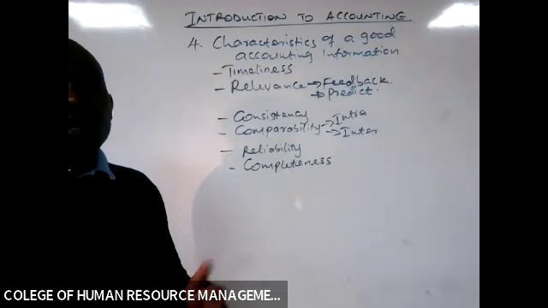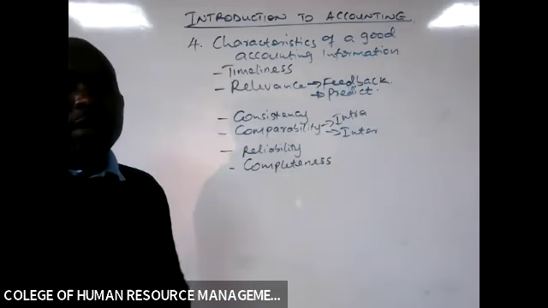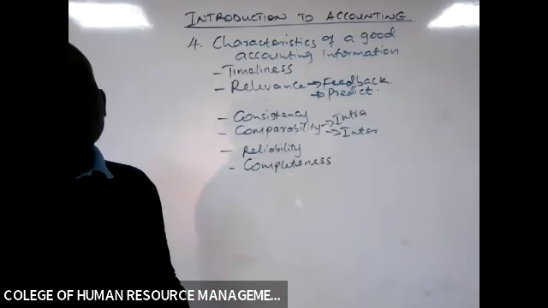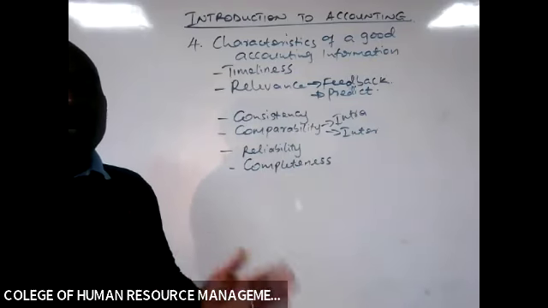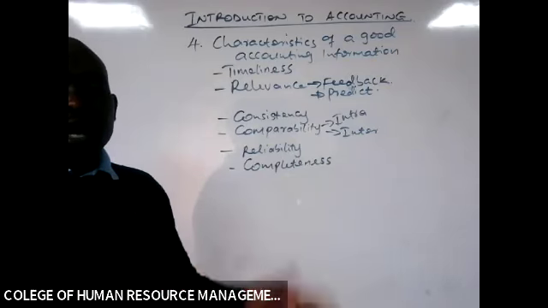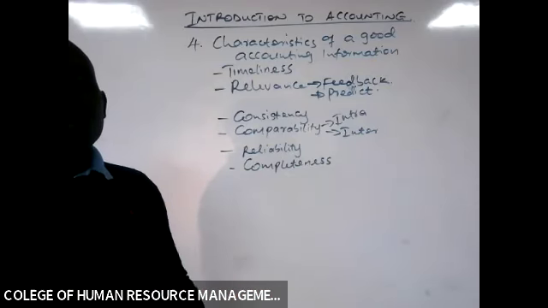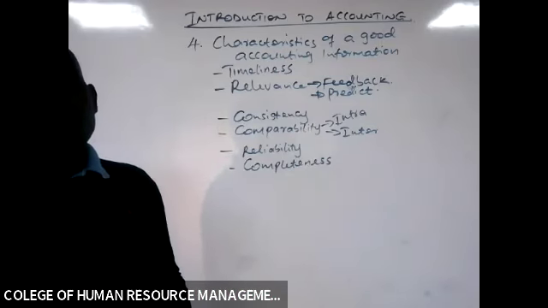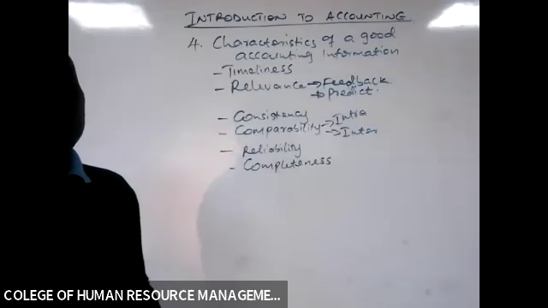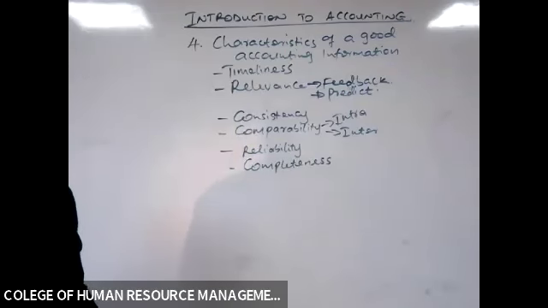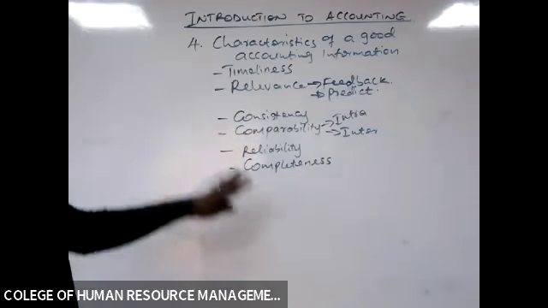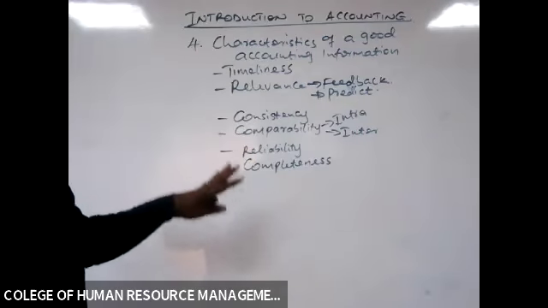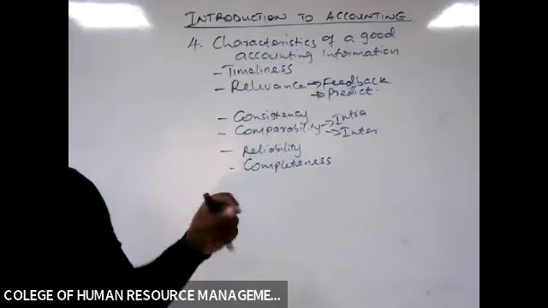When you present to me information that is missing some parts, you might find that that information will not be helpful. But when the information is all around, if I needed to know the financial position, I can be able to know that. If I needed to know the profitability, I'm able to get it. Then that information is complete and it is going to be very good for the users of accounting information as they make the decisions. So these are the characteristics or the attributes of a good accounting information.